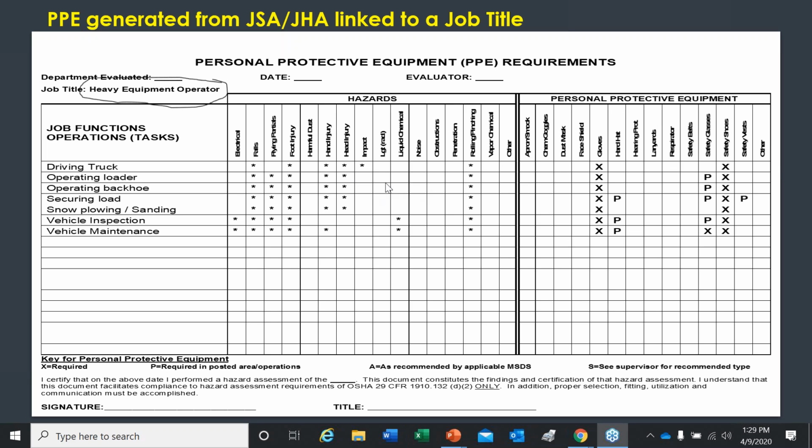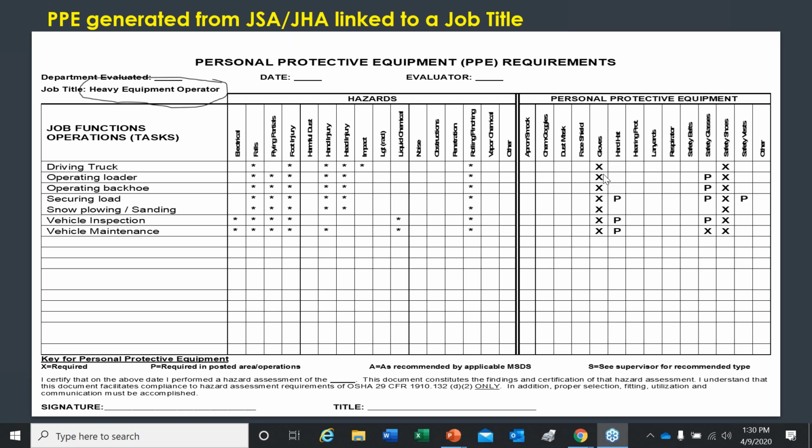So when you did a job analysis of how to drive a truck, whether an International truck, a plow truck or whatever you've got out there, you may want to have one of these job hazard analyses done. So you would come up with those items in your process that were PPE that would be required, or hazards that are out there.